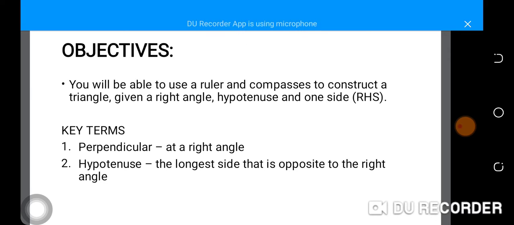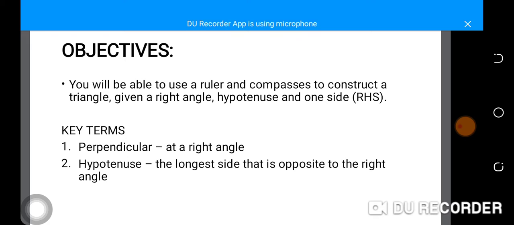In short, we just write RHS. R stands for right angle, H stands for hypotenuse, and S for side. That means you'll be given 3 things: 1, right angle, 2, hypotenuse, and another side, which is the third one.